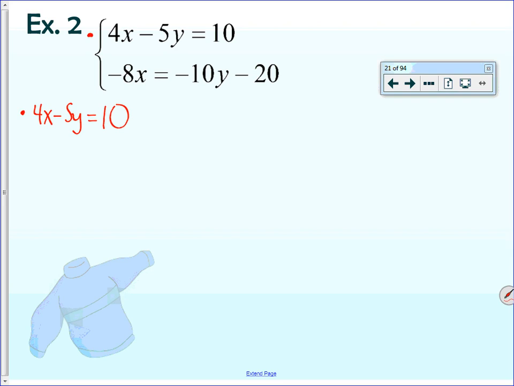Okay, Nafi, how do I get this equation into y equals form? So you change 5y to -5y, and then you subtract 4x from minus 4x, and you get 10 minus 4x. So it gives you -5y equals -4x plus 10. Okay, and you divide that by -5.